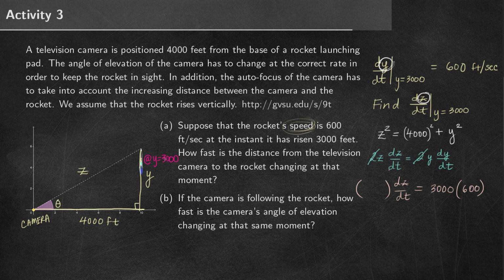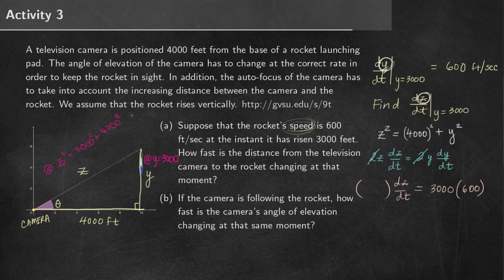I know y is 3,000 and the other leg is 4,000. So at y equals 3,000, I'm going to put another @ here just to remind myself that this is not a constant value. This is just at this particular moment in time. My z, well, I can say z squared is going to equal 3,000 squared plus 4,000 squared.